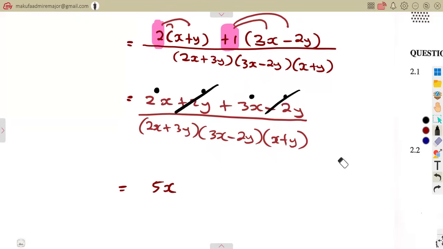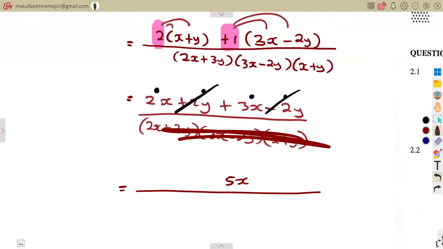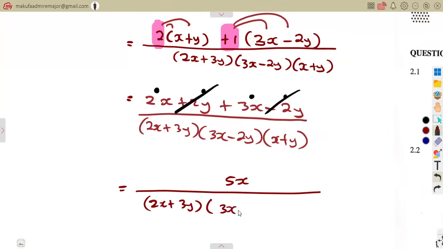So we are remaining with 5x. So it was going to be 5x over what we are given there, which is 2x plus 3y into 3x minus 2y into x plus 1, just like that.